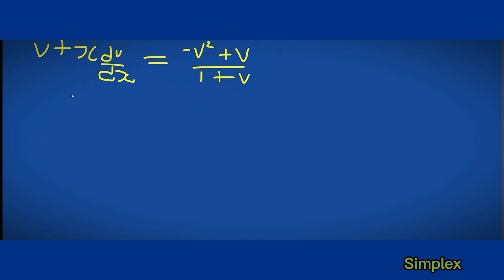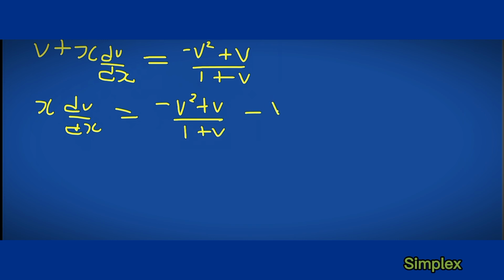Taking v to the other side, we have x dv/dx is equal to (minus v squared plus v) over (1 plus v) minus v.